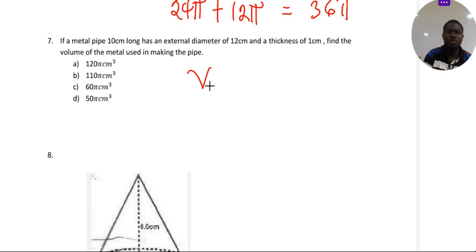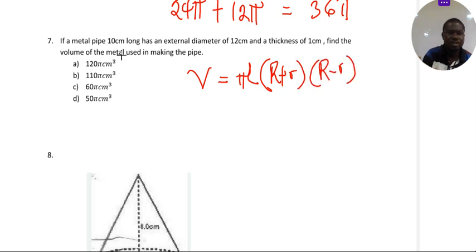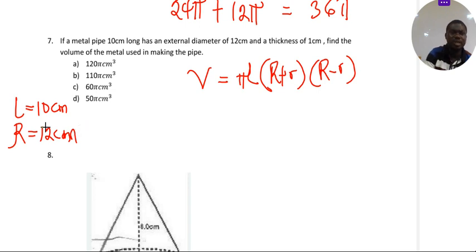So volume of material used in making a cylindrical pipe is pi L (R plus r)(R minus r). Okay, let's see. The metal pipe is 10 centimeters long, so L is 10 centimeters, and has an external diameter of 12 centimeters, and a thickness of 1 centimeter.